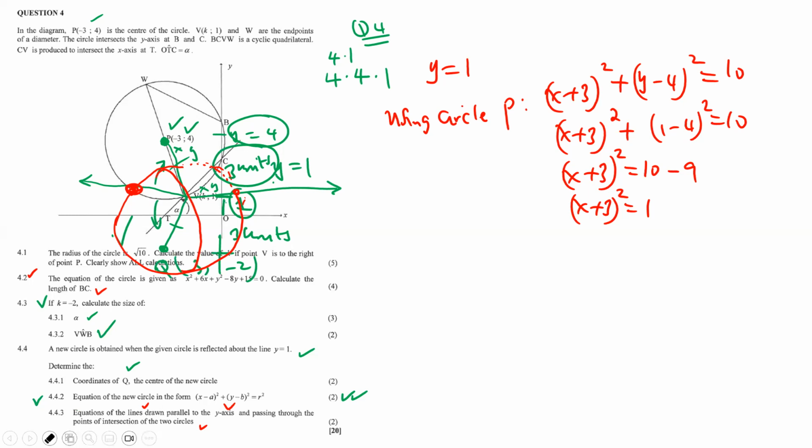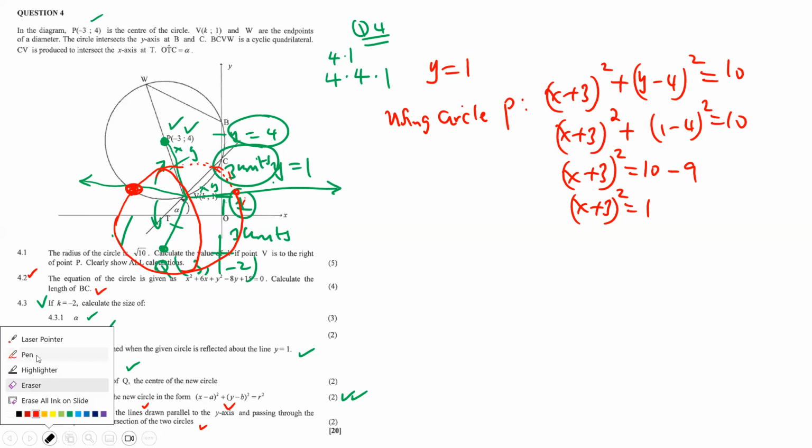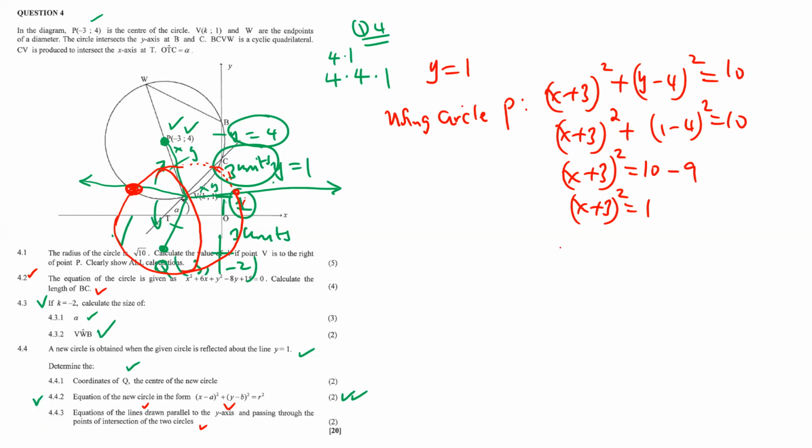At this point, you can look at this as a difference of two squares: (x + 3) squared minus 1 squared. If you have a squared minus b squared, it is (a - b)(a + b).